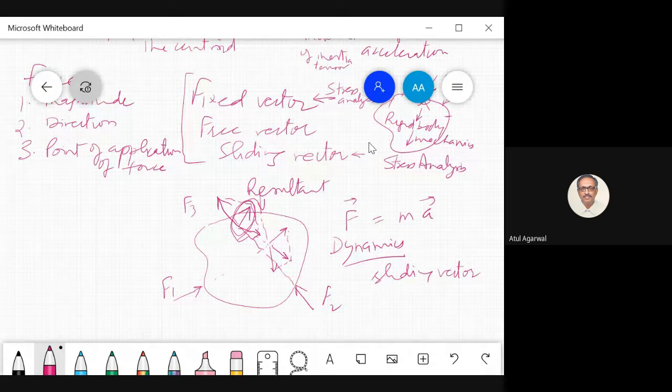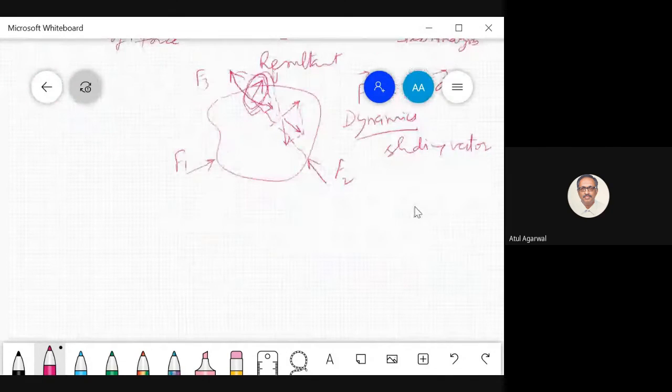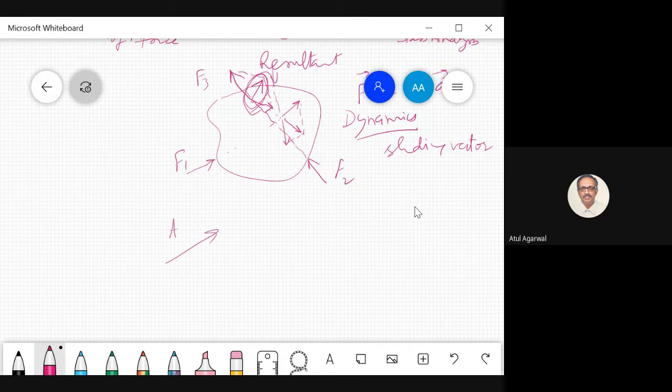And when it is a free vector, what do you mean by free vector? Suppose you have two vectors A and B. How do you add them? You can just take them parallel to itself. If that kind of a thing is allowed, then it is a free vector.